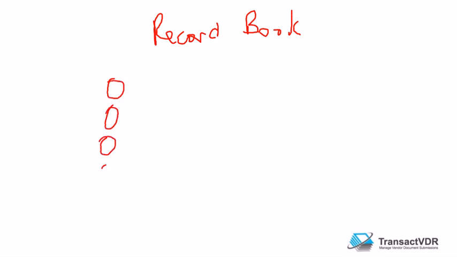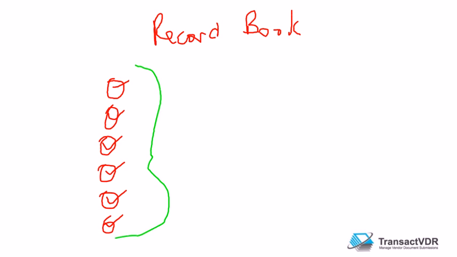The last piece of the puzzle, the record book. At the end of the document process, after all of your documents have been approved, you must now compile them into record books. And TransactVDR will take all of the records, all of the documents that you've created, and compile them into a record book.